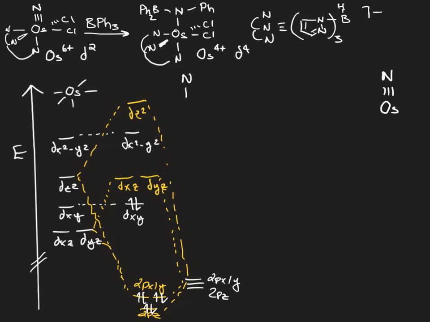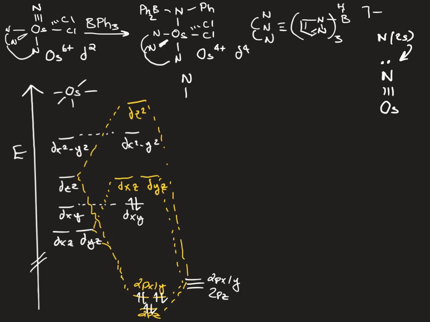So we have a triple bond. And just for completeness, I'm going to turn this to a Lewis structure, adding in the nitrogen 2s lone pair. That's non-bonding because it's deeply buried in energy.